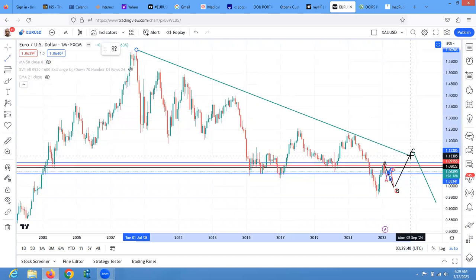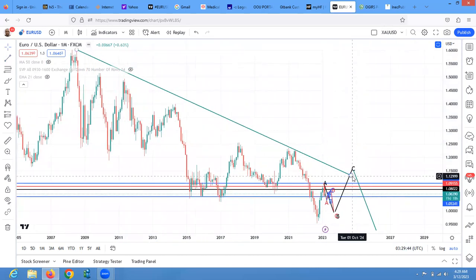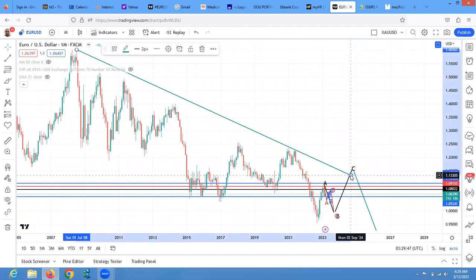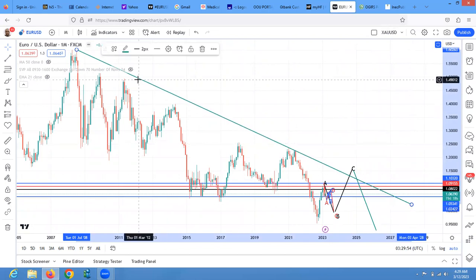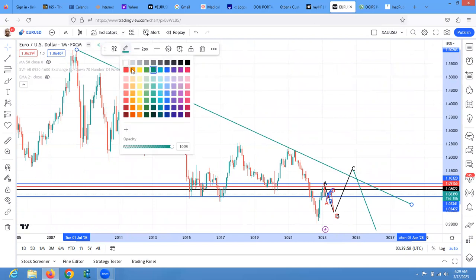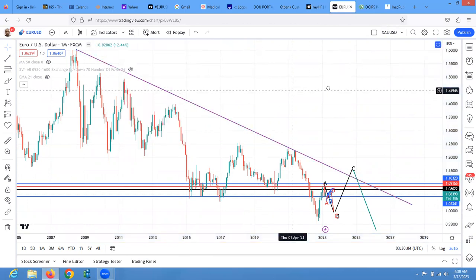So we want to see how price is going to respect this in this area, probably breach it before it falls more. So that is what we are anticipating now. Let me use purple here. So that is what we are anticipating now.